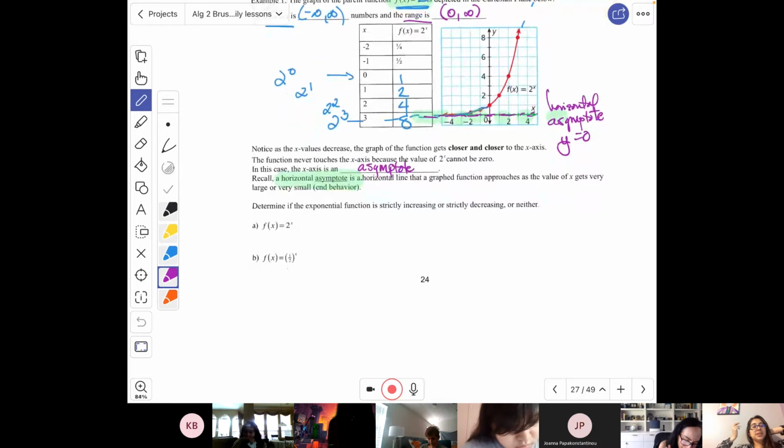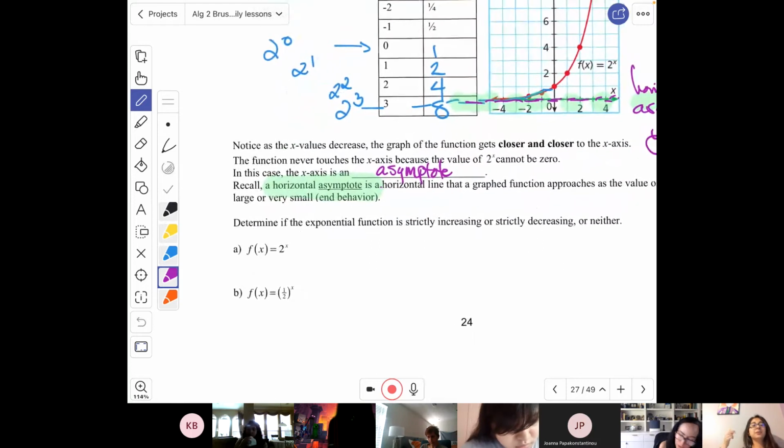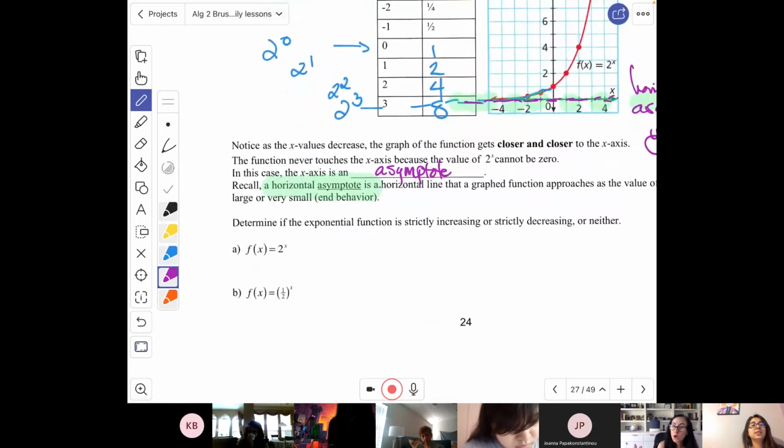Now, based on how we said whether a function was exponential growth or decay based on the b value, can you tell me, is this one exponential growth or decay? Natalie, do you know, is this one growth or decay?